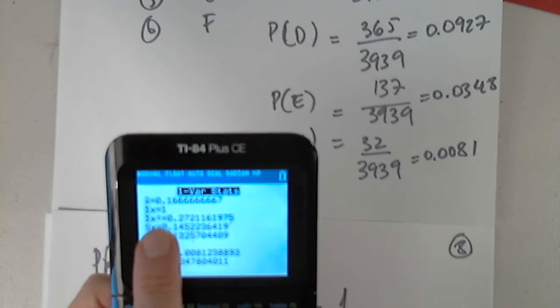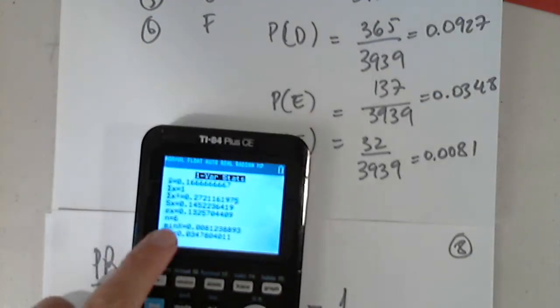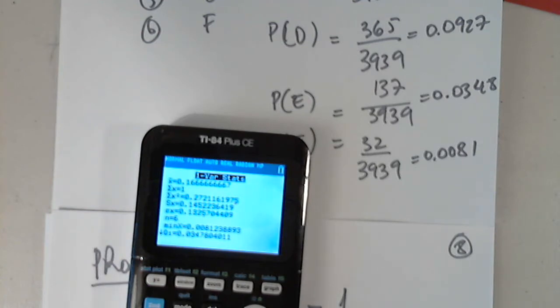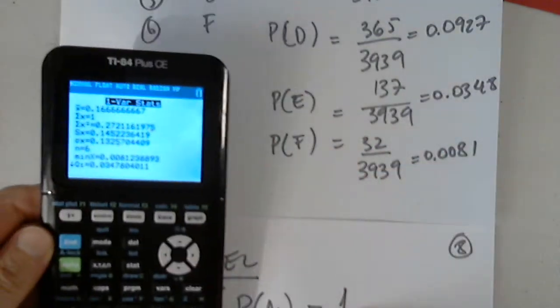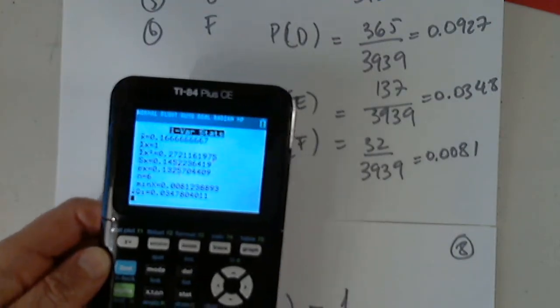It better give us a sum of 1. So the sum is 1 indeed. And I created such a probability model.